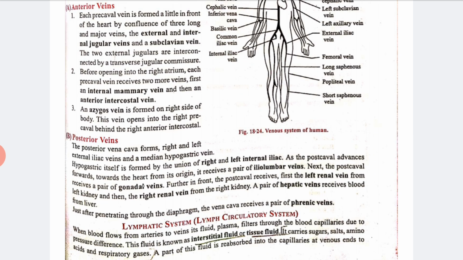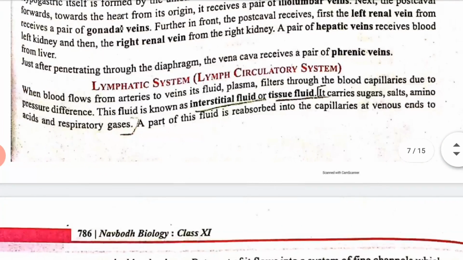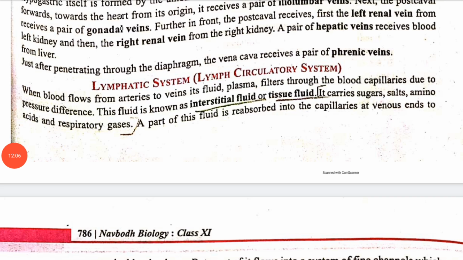Yes. Now next we have the lymphatic system, or we can say the lymph circulatory system. When blood flows from arteries to veins, its fluid plasma filters through the blood capillaries due to pressure difference. This fluid is known as interstitial fluid, or tissue fluid.